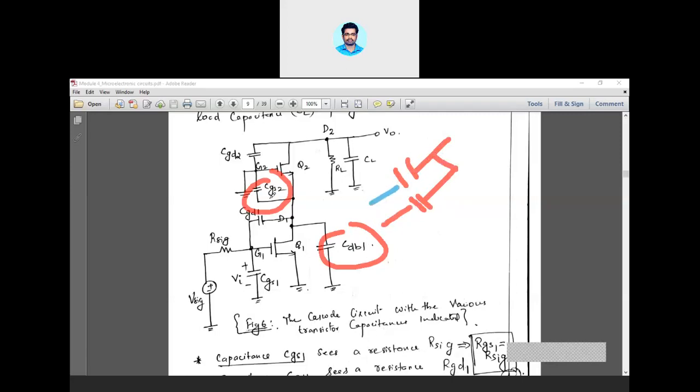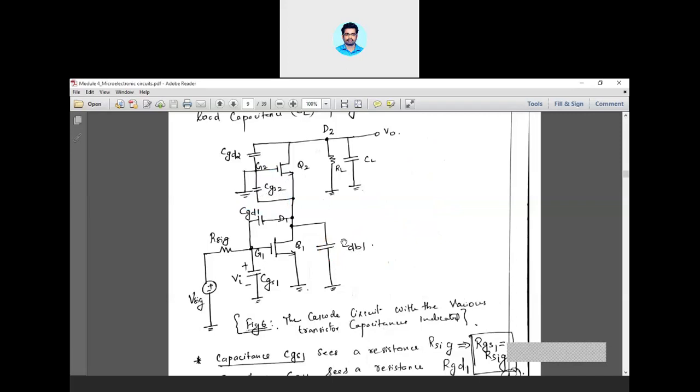So for CGS2, one of the terminals is connected to the gate, and for CDB1, one of the terminals is connected to ground, but this gate is grounded here. I repeat, one terminal of CGS2 is connected to the gate, which is further at the ground.